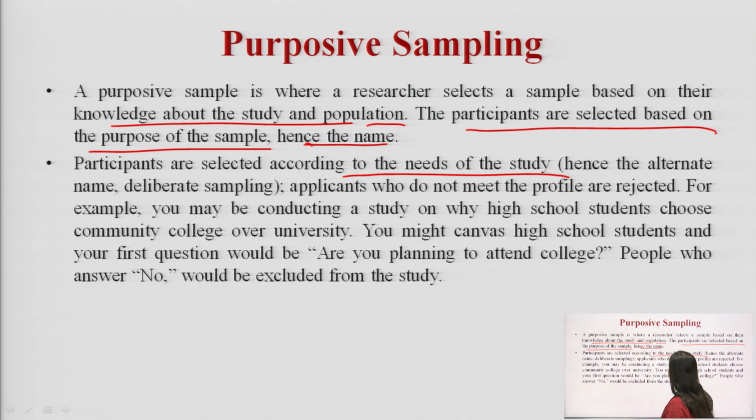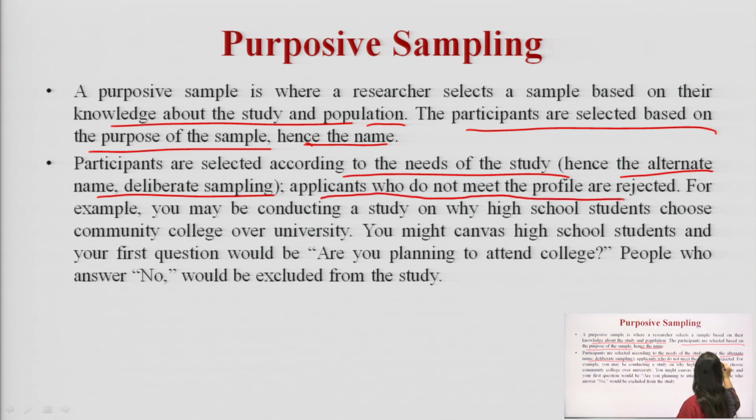Hence it may also be called judgmental or deliberate sampling, and the applicants who do not meet the profile are rejected. The researcher makes a certain profile from which they want to collect the data, and they collect data only from those who fulfill their criteria, not from those who do not fulfill the criteria of the researcher.